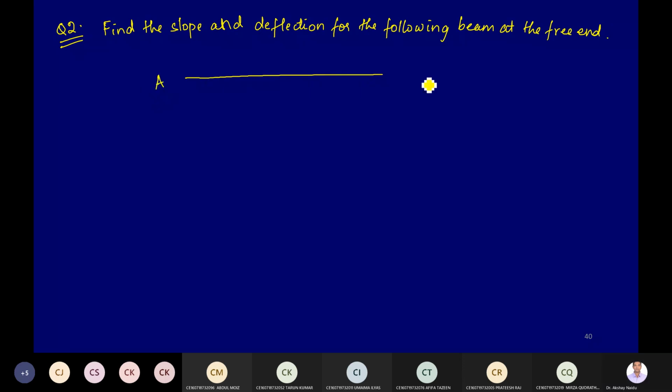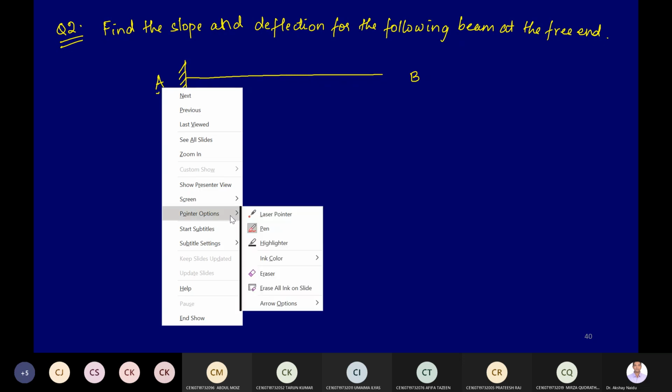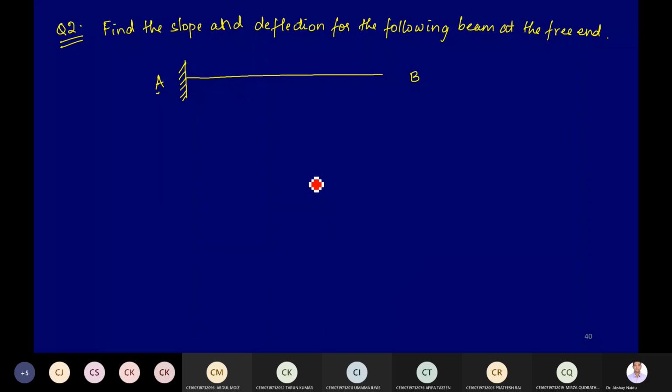The beam A, B, now the load is a triangular load.